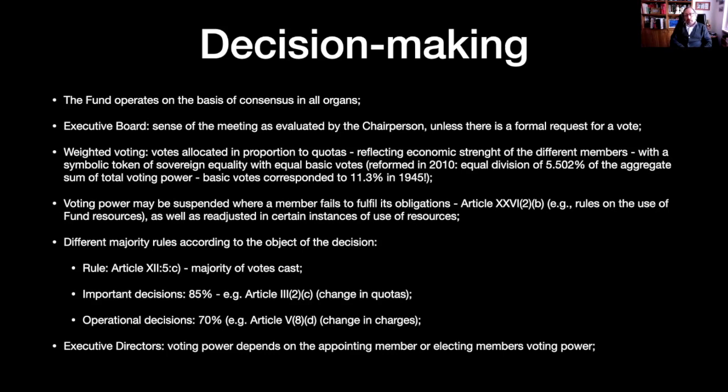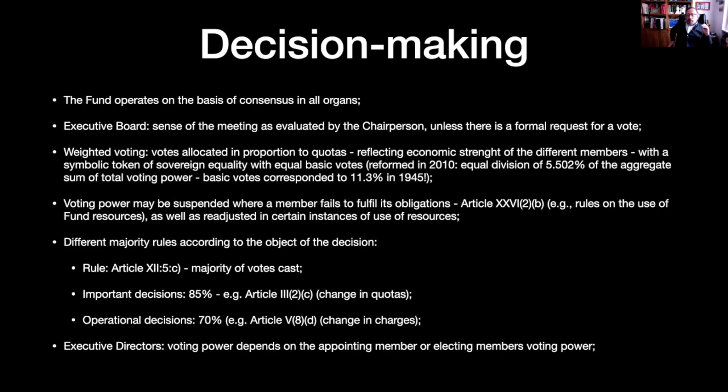Well, there was an attempt to reform the rules in 2010 through an equal division of a small percentage of the aggregate sum of total voting power. But even with this equal division, it's still a less egalitarian system than it was originally in 1945. In 1945, so-called basic votes, allocated equally among IMF members, corresponded to 11.3%.